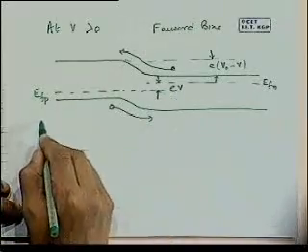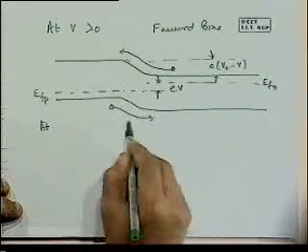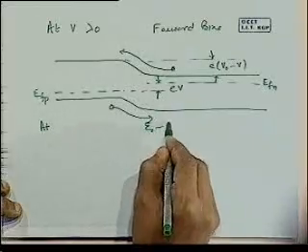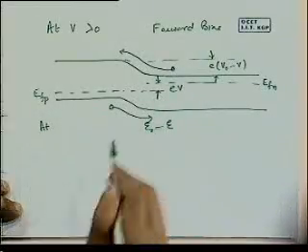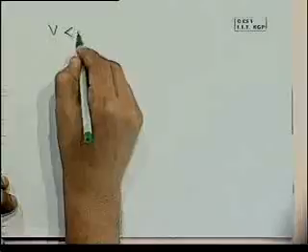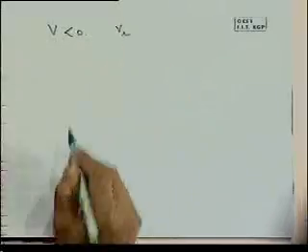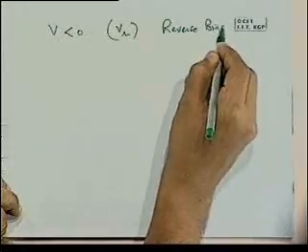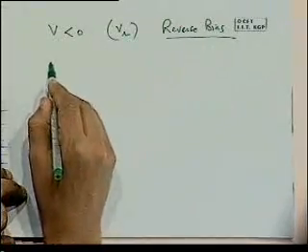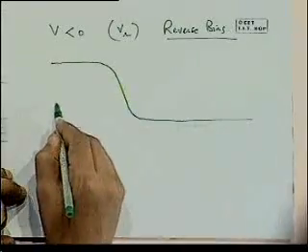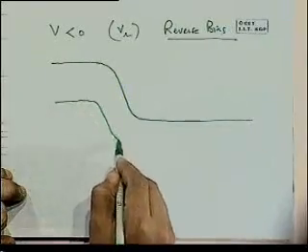Then we take the third case where the field will be reduced from epsilon naught to epsilon naught minus E. Okay. For V less than 0, that is some reverse bias that we have, now we have that it has increased the barrier.